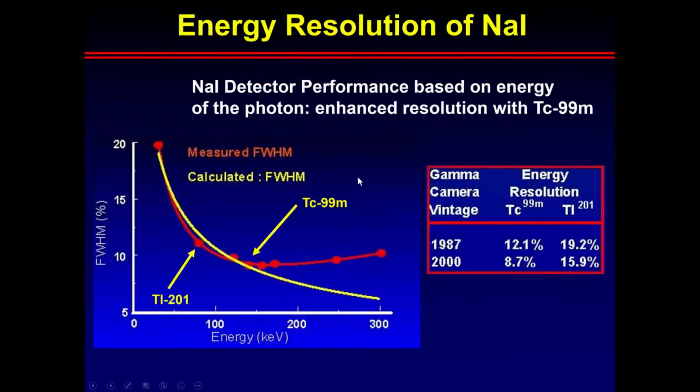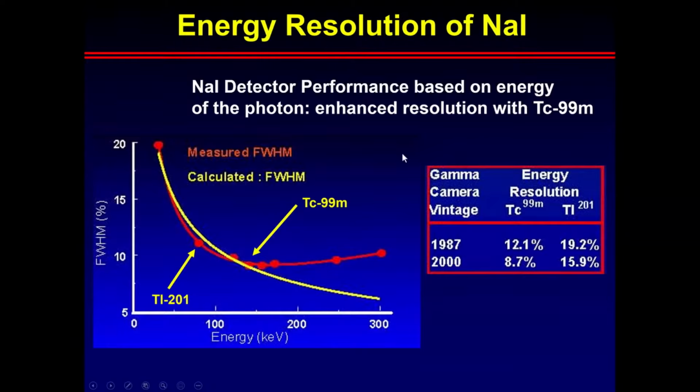It also turns out that this occurs when we think about energy resolution, in terms of maximizing our distinction of what energies are being collected from the crystal ionizations. For instance, with technetium, the full width half maximum for the sodium iodide crystals is optimized with the 140 kV energy of technetium as compared to what you see with thallium.